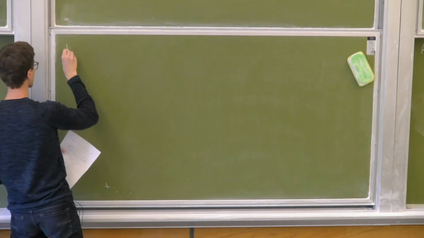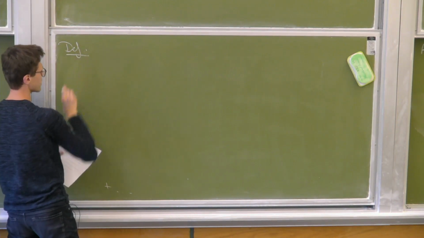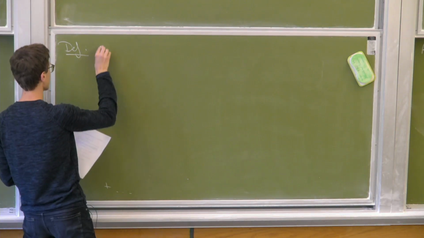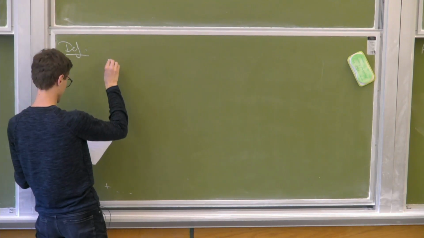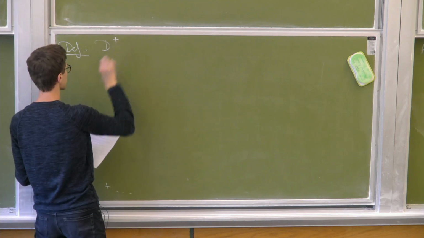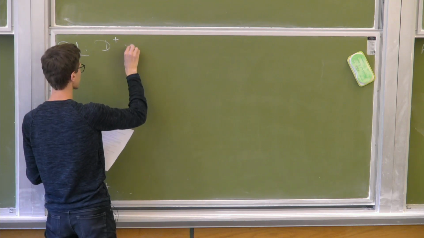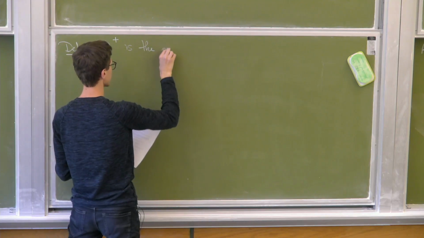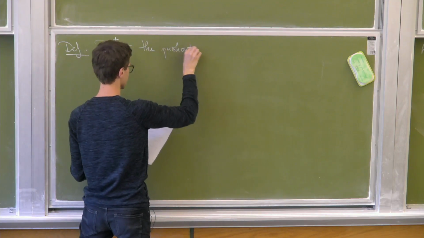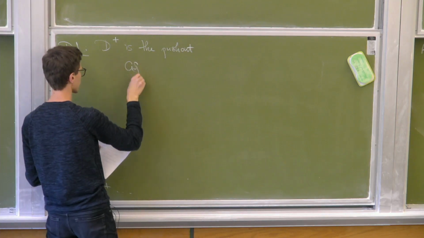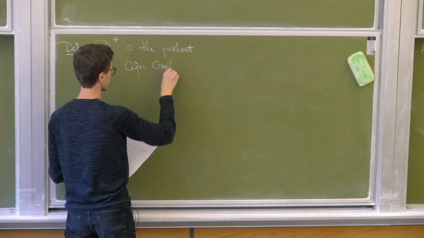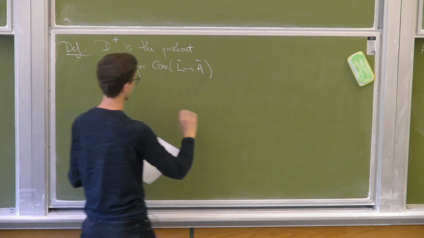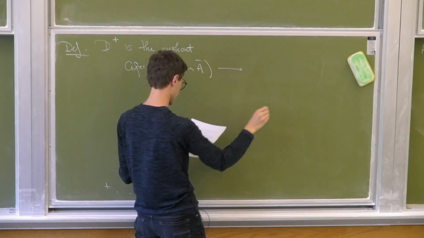And now, given such an A point of QPN, I define something I call D plus. So it's sort of a filtered version of D. And it's the following pushout. I take this cone of the map L bar to A bar.